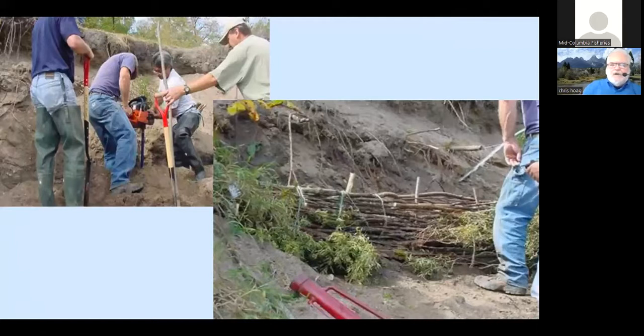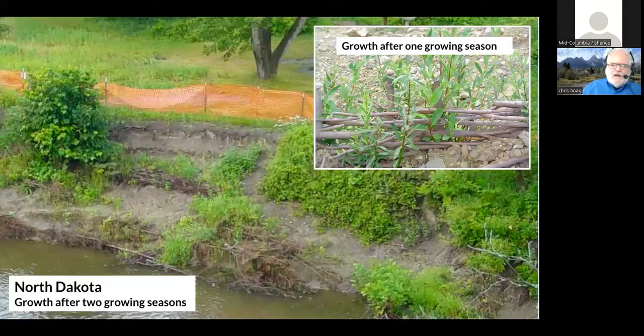Here's another one that we did in North Dakota, and we're using an auger to drill the hole for the upright stakes. On the right side, you can see where the stakes are in, and then we wove willow cuttings in between each one of those. And this is what it looks like.